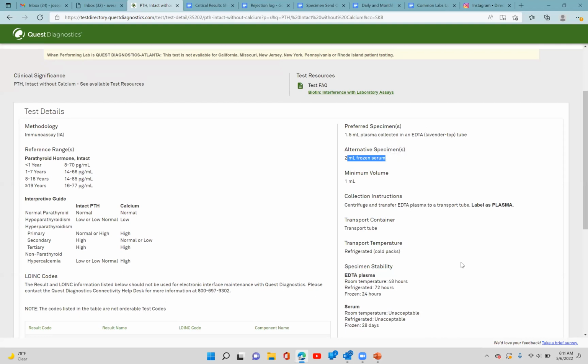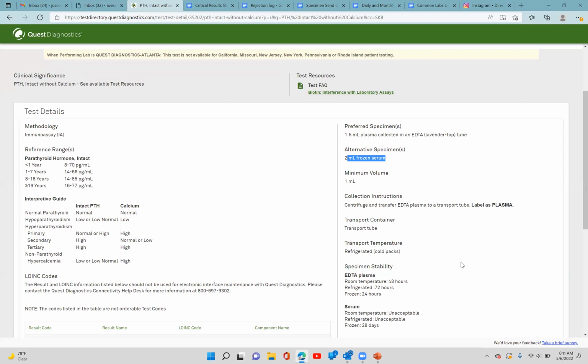The important thing to note here is, there's a couple of universal rules. One is that every tiger top or red top or really any serum tube has to sit to clot and has to get centrifuged. There are zero circumstances where you do not centrifuge a serum tube. And to follow that, there are zero circumstances where you would put that tiger top or red top into the freezer.